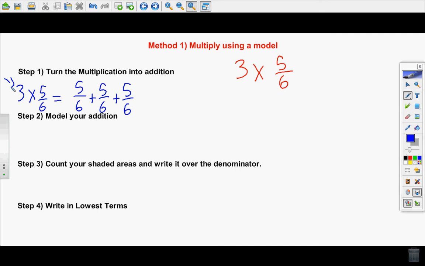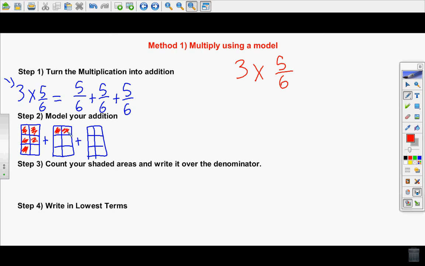This is where you actually have to draw some kind of a model. So for me, I'm going to draw a model. Well, what's 5 over 6 look like? Here, it says 5 over 6, so I've got 1, 2, 3, 4, 5, 6 spaces, and I shade 1, 2, 3, 4, and 5. That's one 5 over 6.